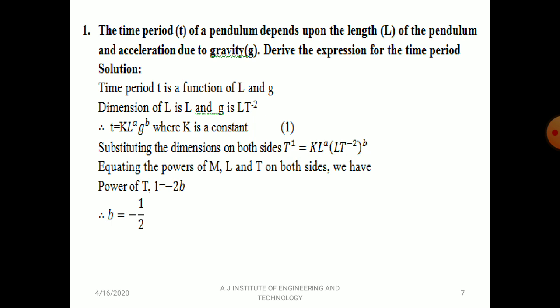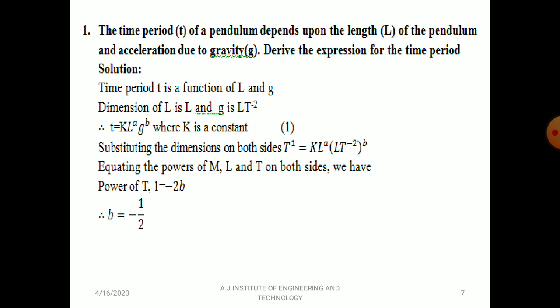Meter is the SI unit of length, so its dimension becomes L, and per second square becomes per T square, since second is a unit of time, so it becomes T to the power minus 2 when it goes to the numerator. So overall, the dimension for acceleration due to gravity becomes L T to the power minus 2.